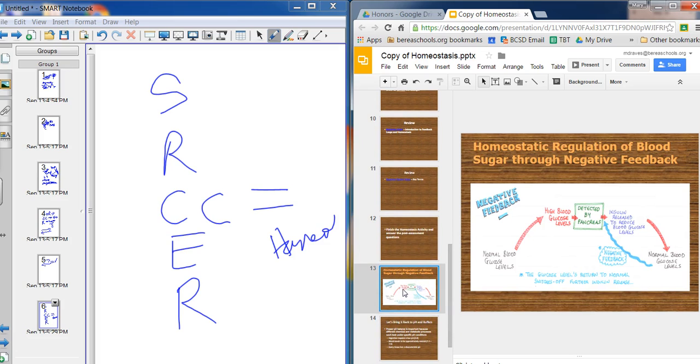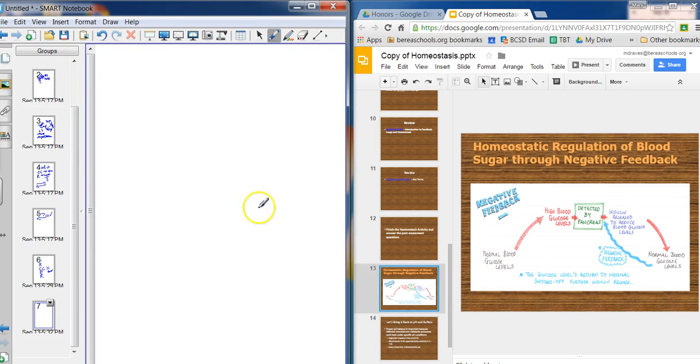If we were to look at another example of a negative feedback with blood, we look at sugar. Here we have normal blood glucose levels, and then there are high blood glucose levels, and so that is the change.